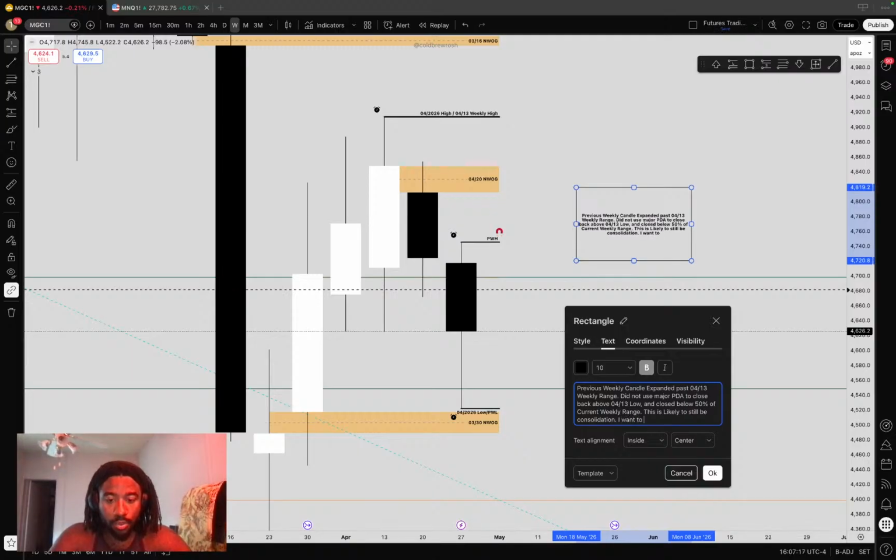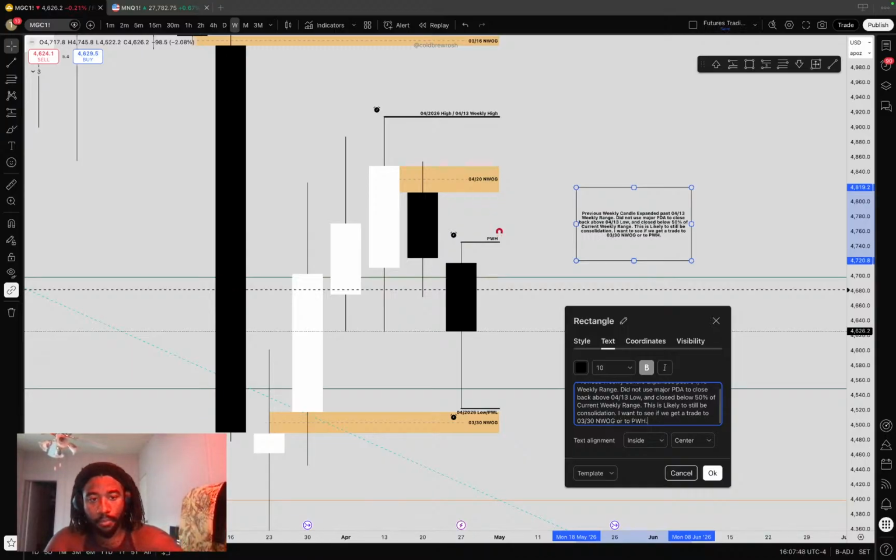I want to see if we get a trade to the March 30th new week opening gap or to the previous week high.